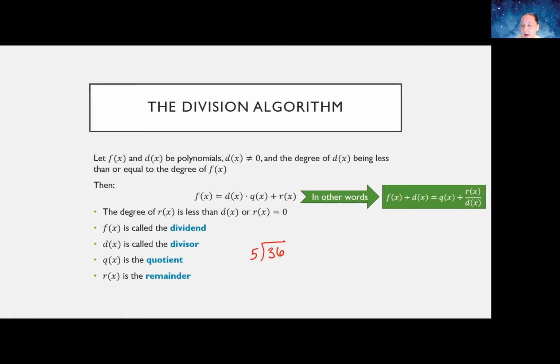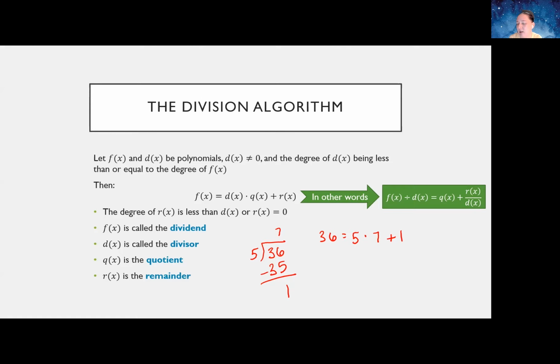I know that 5 does not go into 36. I can do 5 times 7, which is 35, and we have 1 left over. So this division algorithm is saying that 36 is equal to 5 times 7 plus 1. That is what this division algorithm is saying.